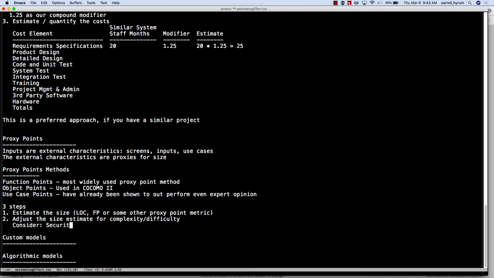And some things to consider are what about security? Is this high security demands? What about algorithmic complexity of it? Is it very complex? Are there strong performance metrics we need to meet, especially in terms of communication?